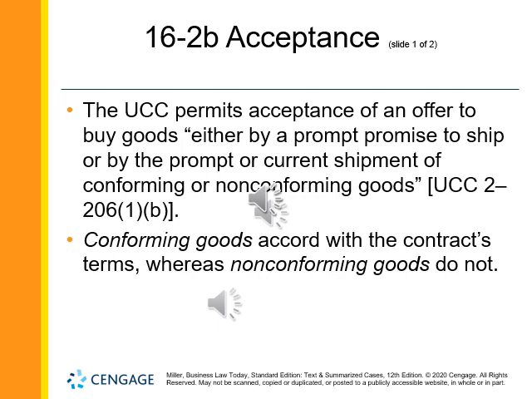Note the use of the word promise. And also note that conforming goods are goods that accord with the contract's terms, whereas non-conforming goods do not. So the prompt shipment of non-conforming goods constitutes both an acceptance, which creates a contract, and a breach of that contract.